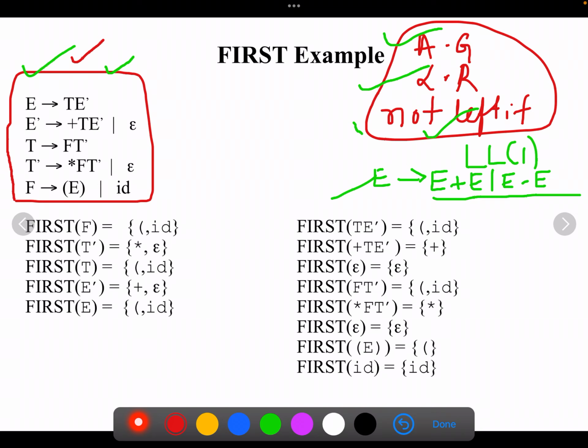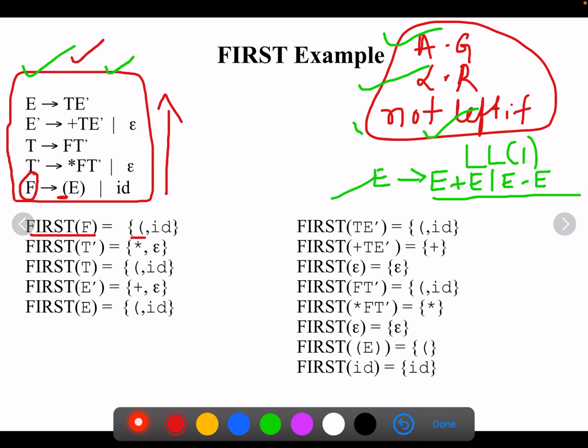Okay, now let us start with, as I said earlier, we have to start from the last production in order to obtain the answers fast. So first of F. What is the first of F? Is that a terminal? Then include it into the set. Yes, the bracket is a terminal here, we are including it.